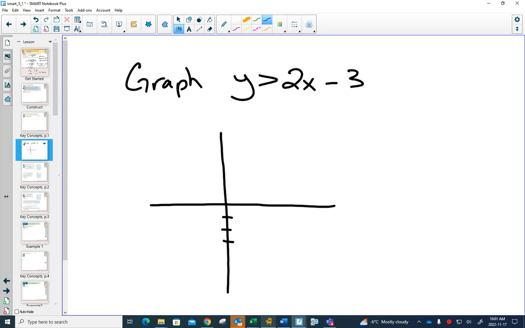So I know that my y-intercept is at 0, minus 3. The 2 represents my slope with a rise over run. I can think of that as 2 over 1. So my slope means that I go up 2 over 1, find another point. Up 2 over 1, find another point. And this would make a straight line if I joined them.